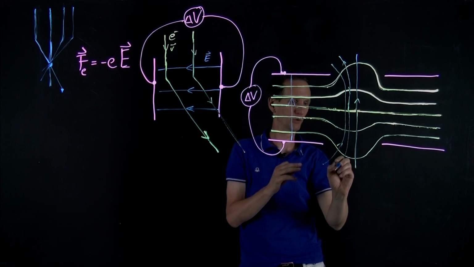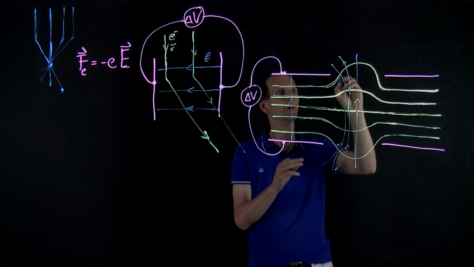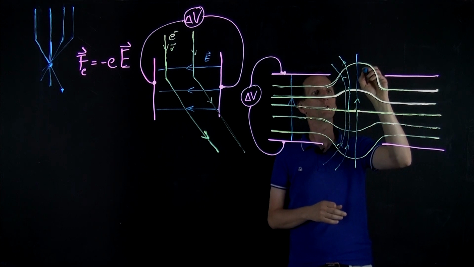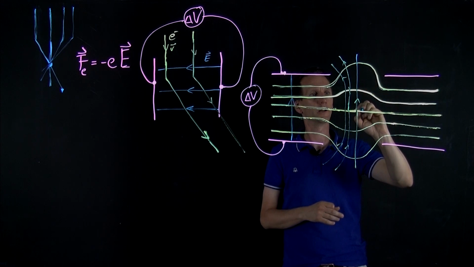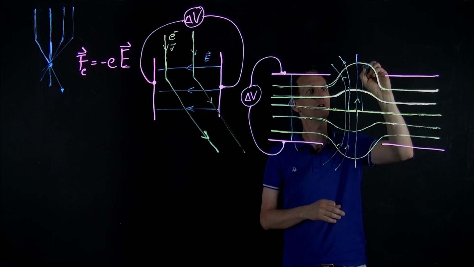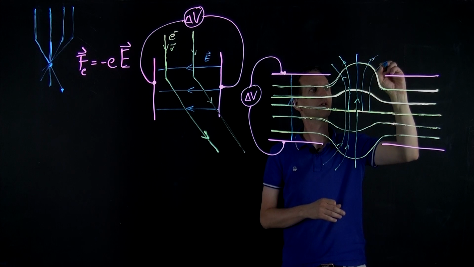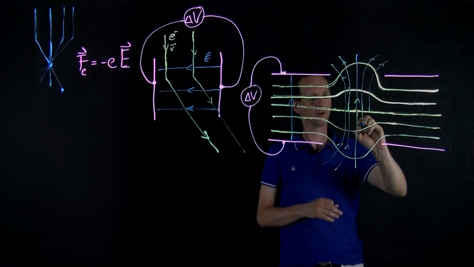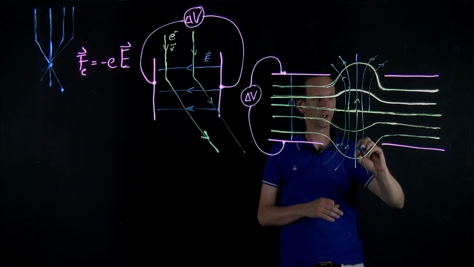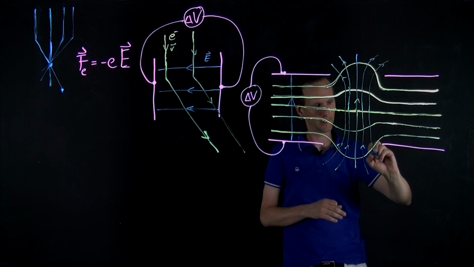So it will look like this here. And of course it will be exactly in the opposite direction if we move to the other side of the optical axis, here, and here.